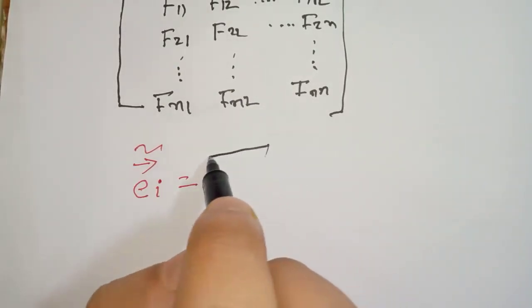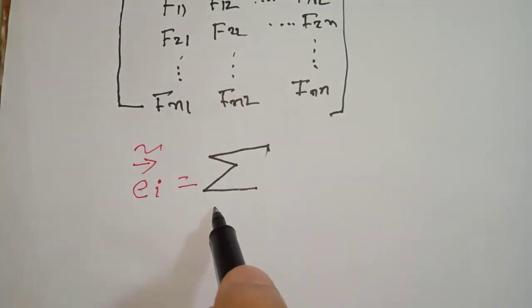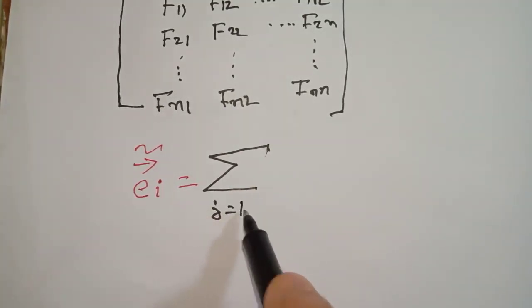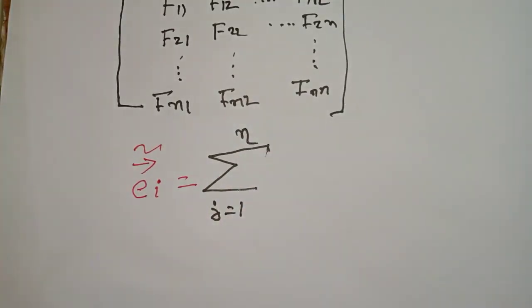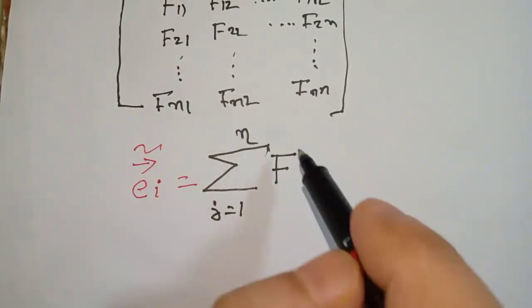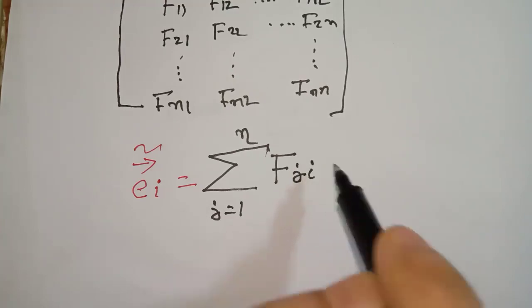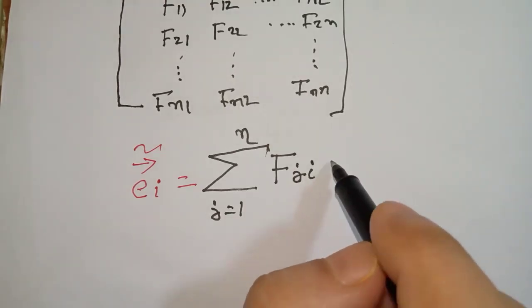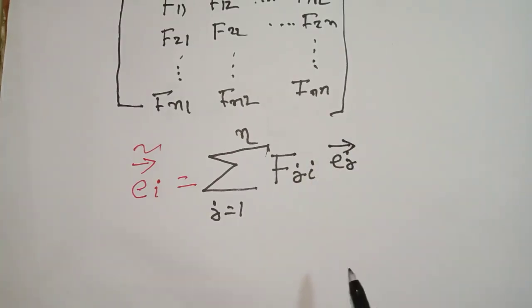What we can write is a sigma, that is, a summation over j equals 1 to n, and we take the F, that is, the forward part, with indices j i, and E_j with an arrow on the top, right?